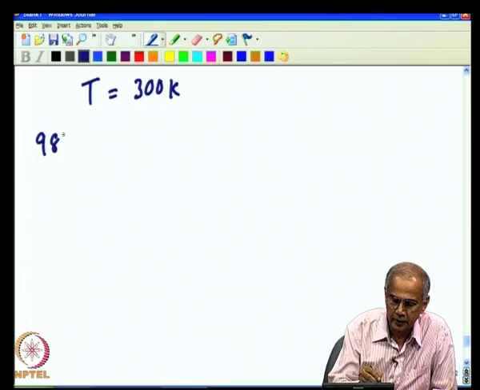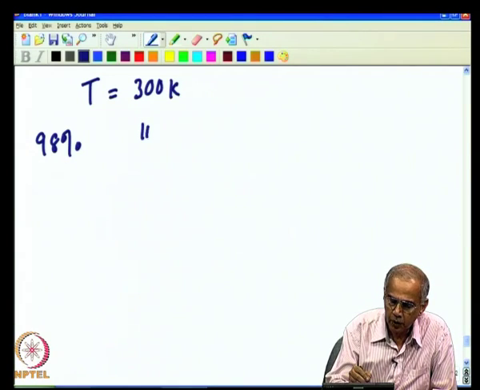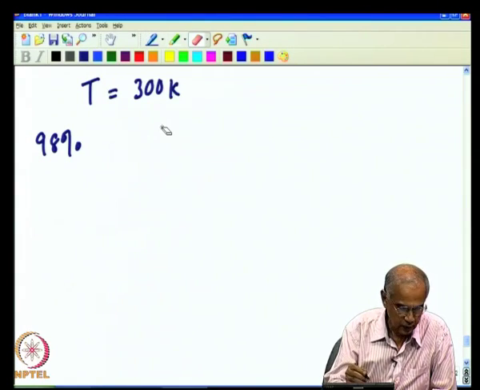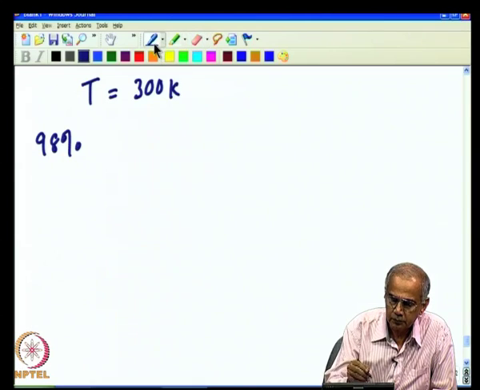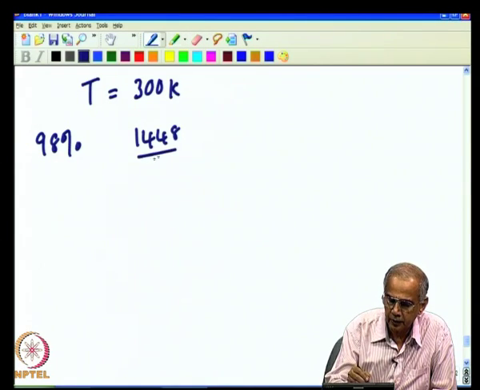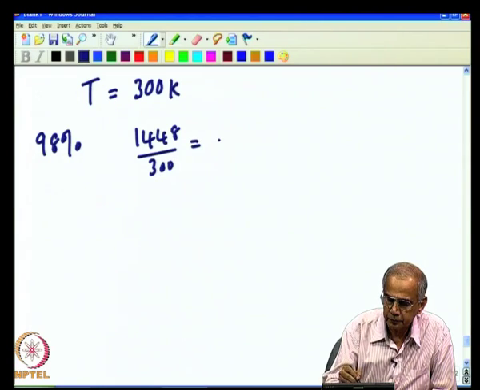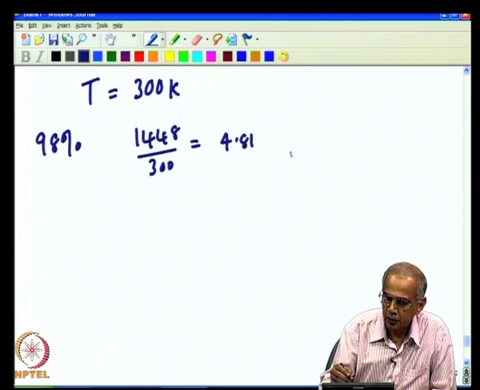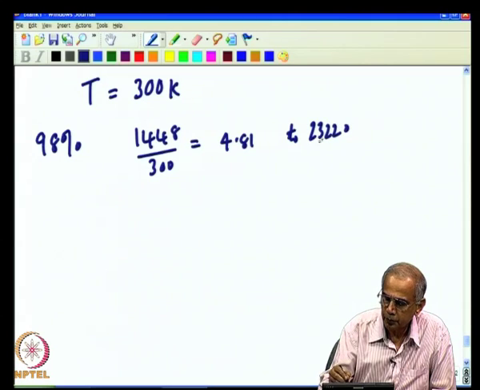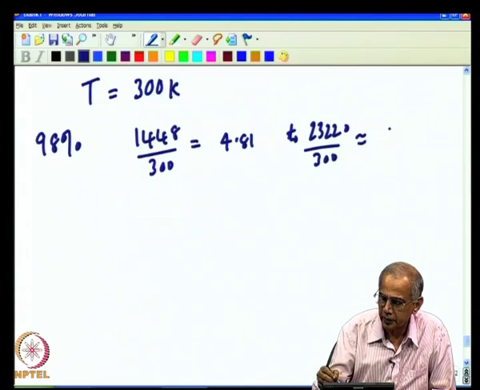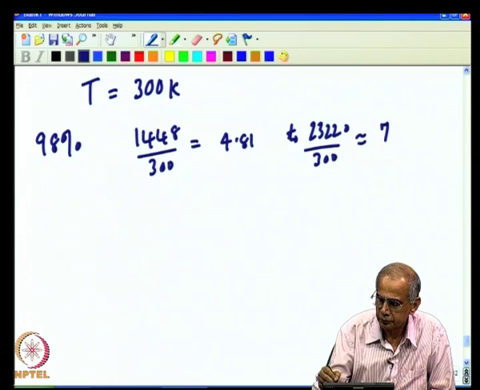So, 98% of the radiation lies between 1448 by 300, which is approximately 4.81 to 23220 by 300, which is approximately 77 micron.